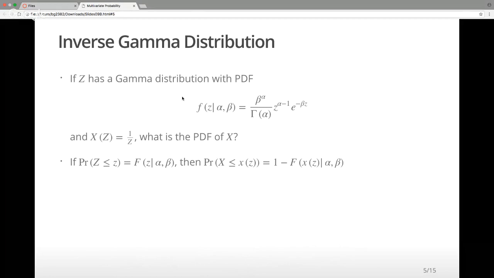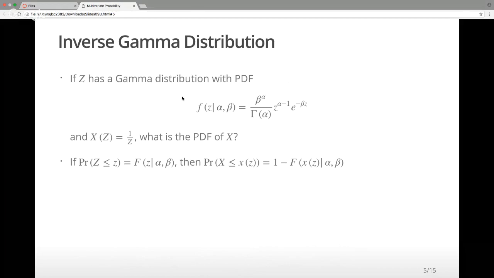So just to go through the logic of this again, z is going to have some CDF, and since we know the PDF in principle, we know what the corresponding CDF is. So the probability that z, the variable we start with that has the gamma distribution, is less than or equal to some value little z is the CDF of z.